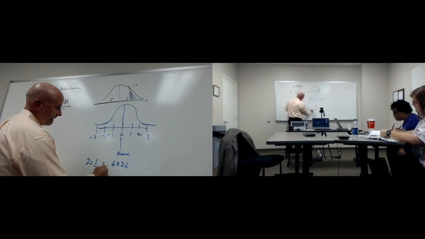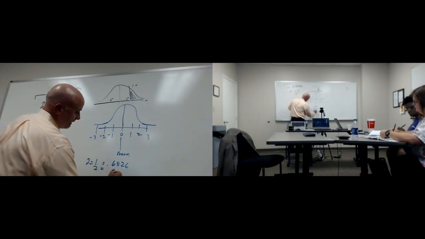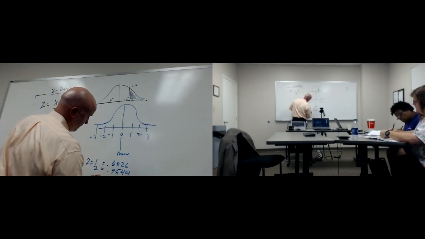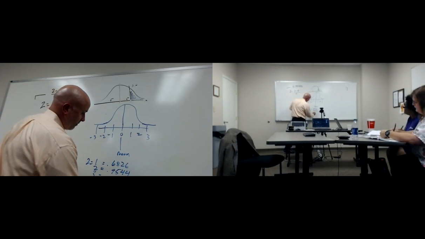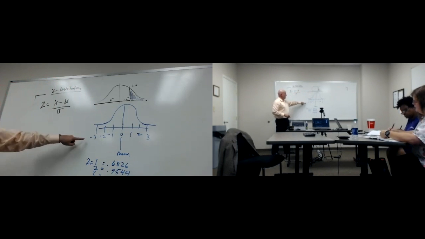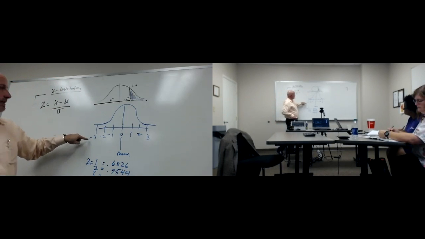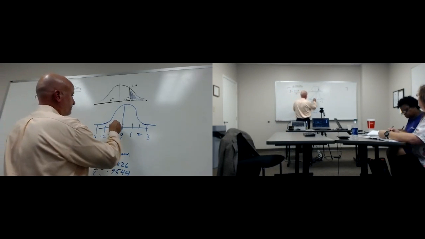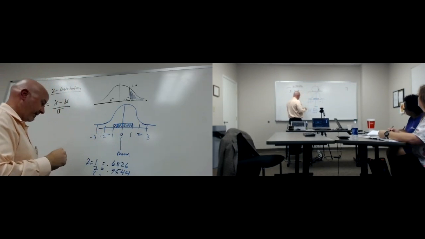I want to illustrate this before I show you Appendix B3. When z is equal to 2, 0.9544. When z is equal to 3, 0.9974. Here is our z. So from when z is equal to 1, we're in this area.